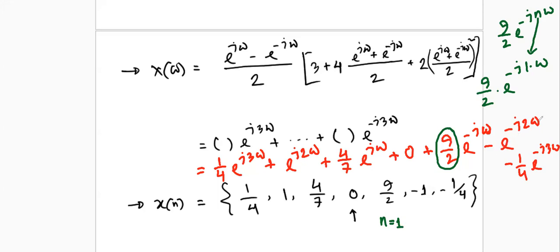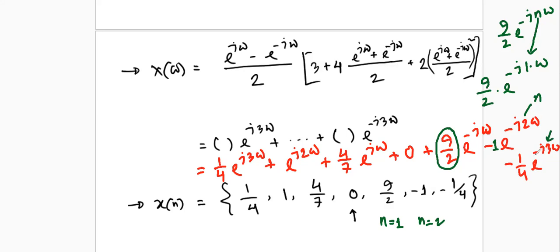Similarly, for this one, e to the power minus j 2 omega, this is the value of n. So we can find that the value at the location n equals 2 is minus 1, because there is a minus and the coefficient is 1. So we have minus 1. Similarly, for this, what is the value of n?